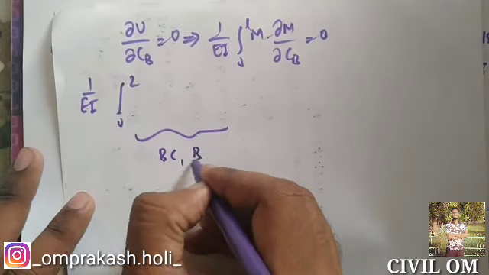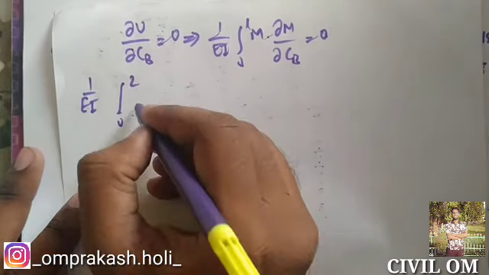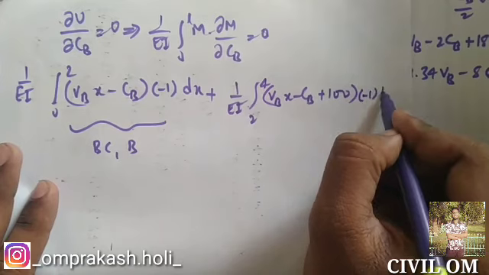So VB into x minus CB into minus 1, because the derivative of CB is minus 1. Next portion is 2 to 4, VB into x minus CB plus 100 into minus 1 into dx.